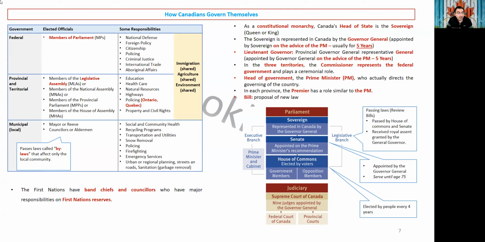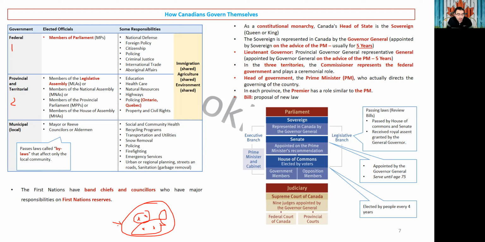Canada has three different levels of government. The first level is federal. The second level is provincial or territorial. Let's say this is Canada, and it has a certain number of provinces. In each province we have cities, right?